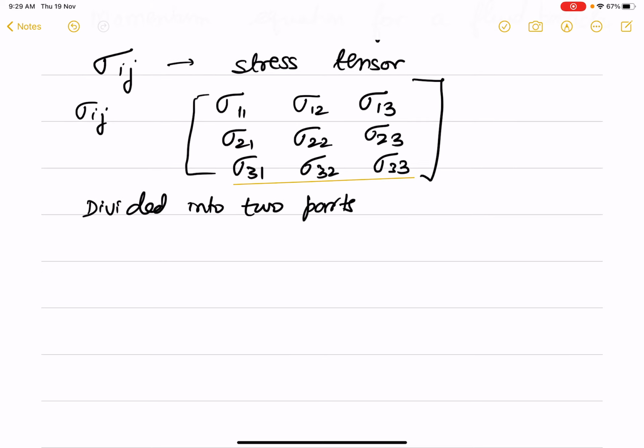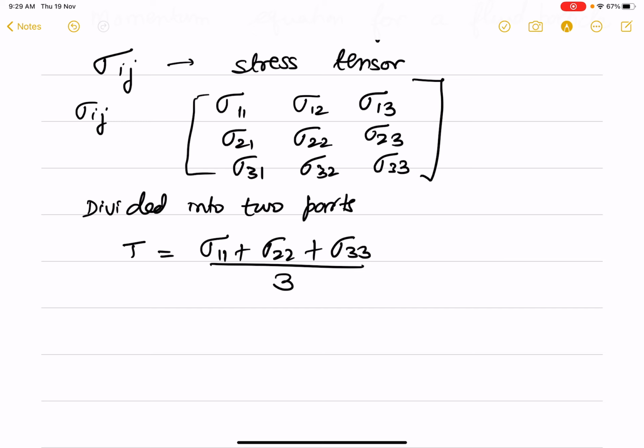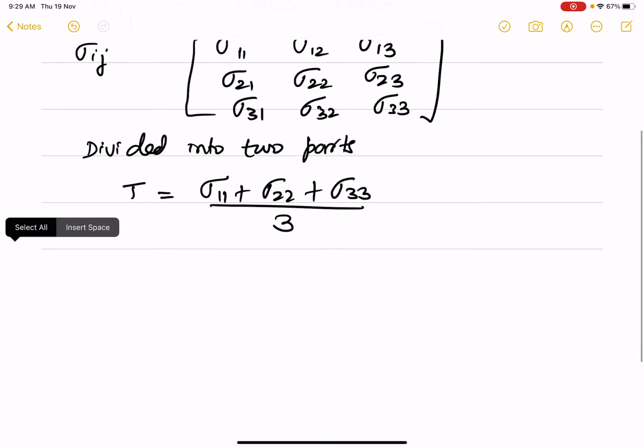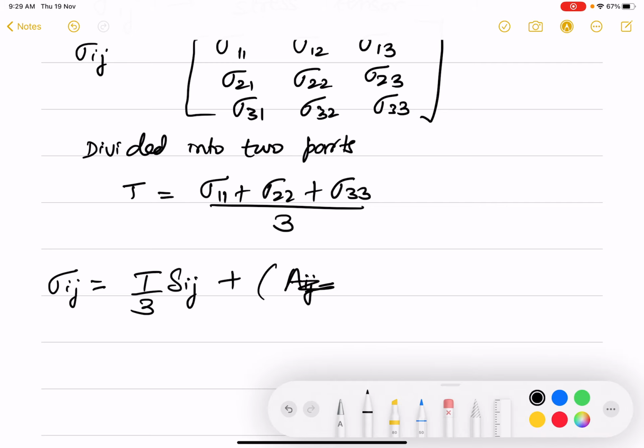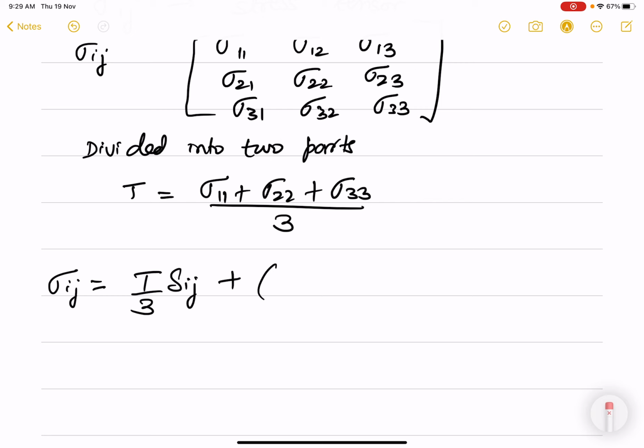To divide this into two parts, first we defined the trace T, which was equal to sigma 11 plus sigma 22 plus sigma 33, divided by 3. And we said sigma ij was equal to T by 3 delta ij plus the second term, sigma ij minus T by 3 delta ij.